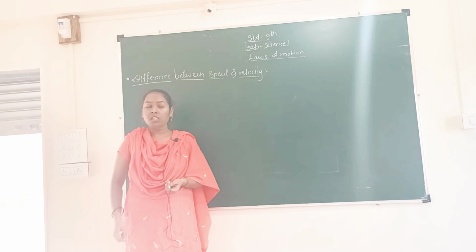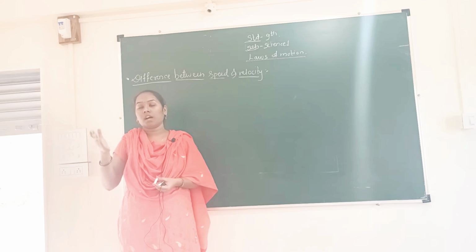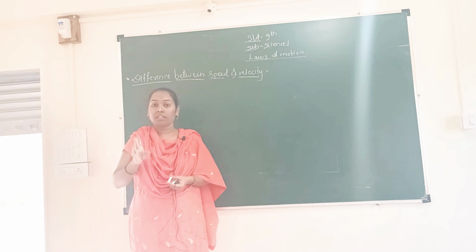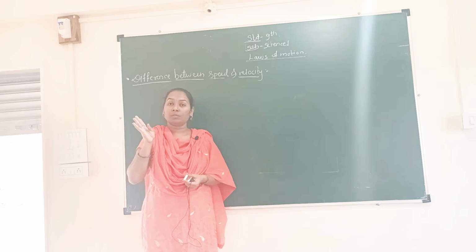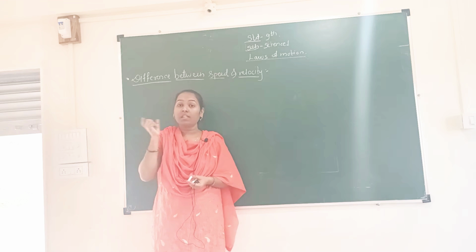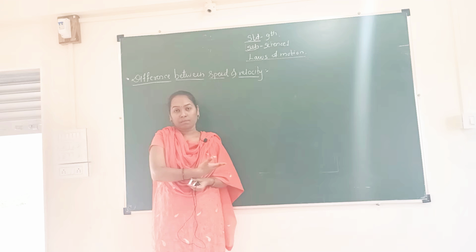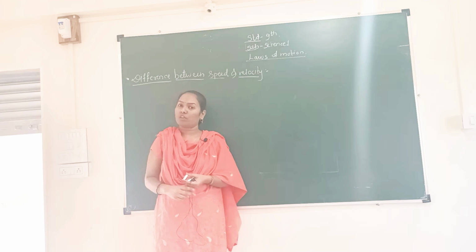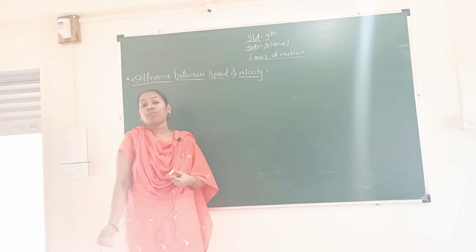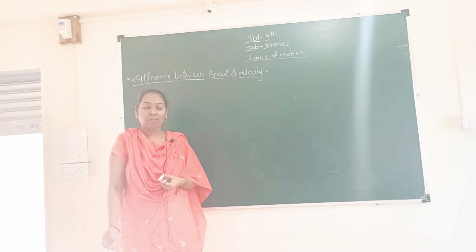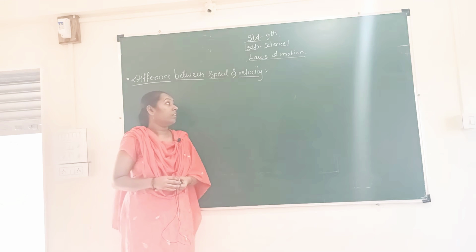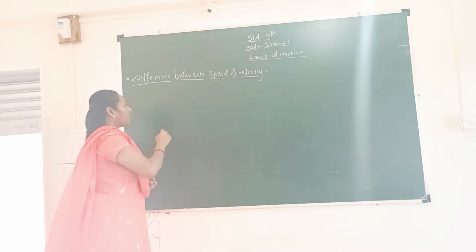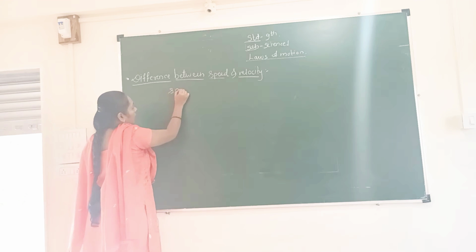If the difference is asked in a question for 2 marks, then 4 points are required in your answer, 2 for speed and 2 for velocity, because each point carries half mark. So we are going to learn the difference between speed and velocity.